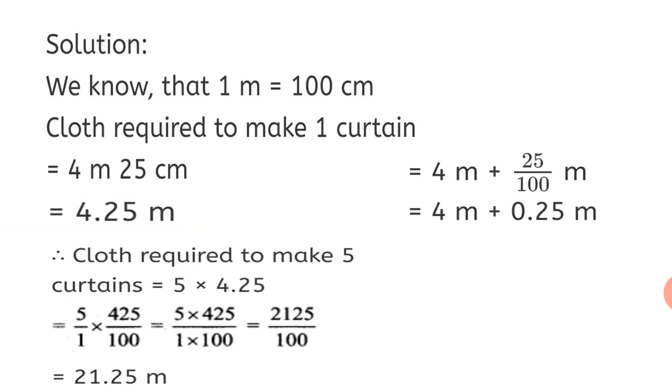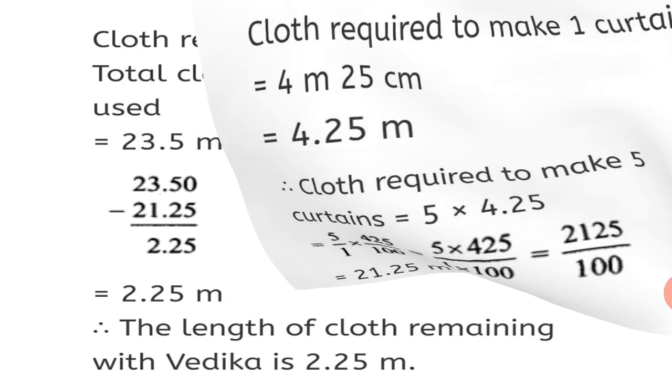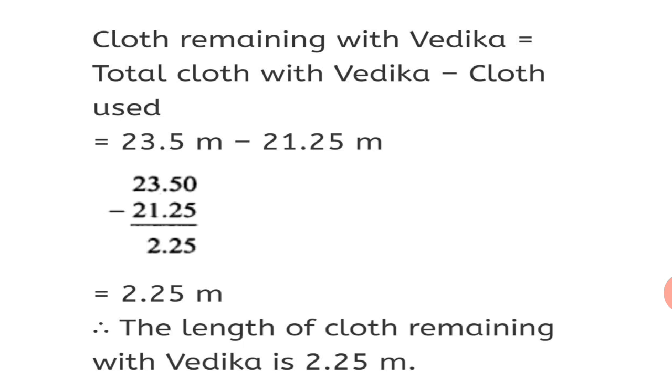Now they are asking us in the question how much cloth is left over. So whatever cloth she had minus how much she used, that answer will tell us how much cloth is left over. So let's see the next part of the sum. Cloth remaining with Vedika is equal to total cloth with Vedika minus cloth used, is equal to 23.5 meter, which was the total cloth, minus 21.25 meter, which is the cloth she used to make 5 curtains.